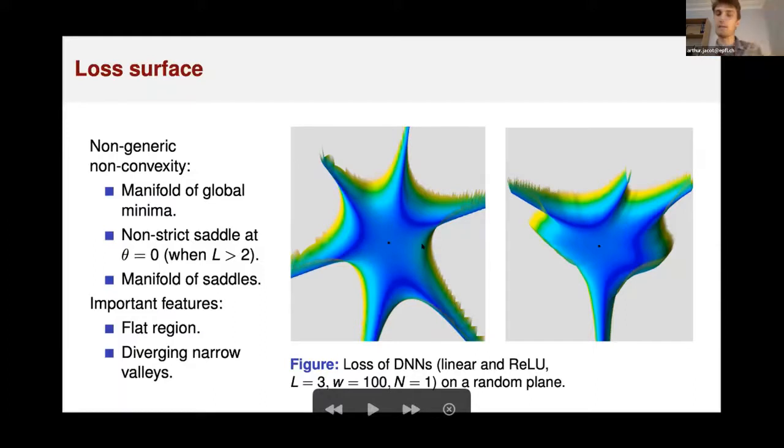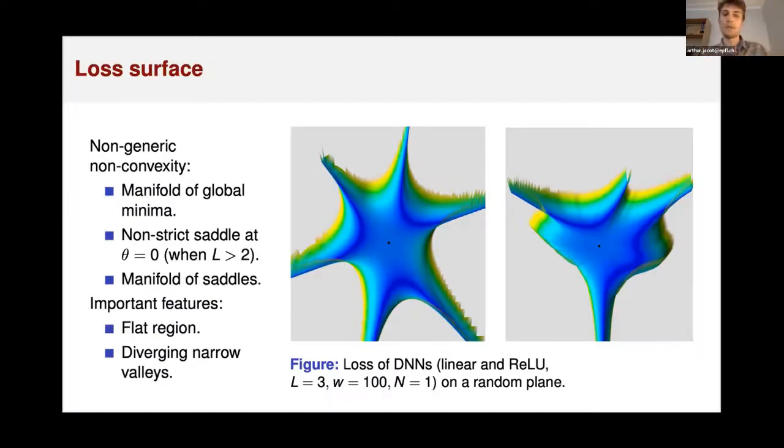Basically, today what I want to explain to you is that depending on how you initialize your network, you will see a phase transition. For small initialization, you initialize in this flat region, and for large initialization, you initialize far from this flat region and actually end up inside of these narrow valleys, and you get completely different training dynamics.